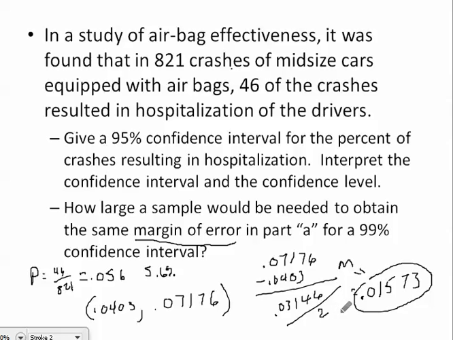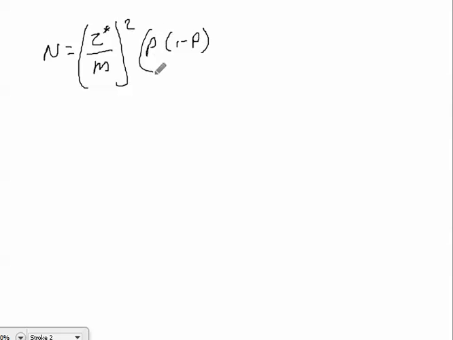So, how do I find the 99% confidence level? Well, remember from the equations that they had given us. I'm going to go to a new page here. We were told that N would be equal to Z star divided by M, squared, times P times 1 minus P. Well, the Z star is the question I would be asking.